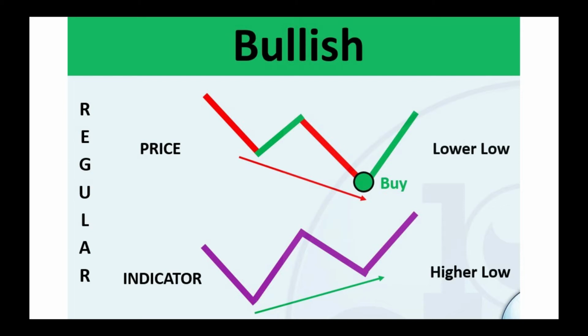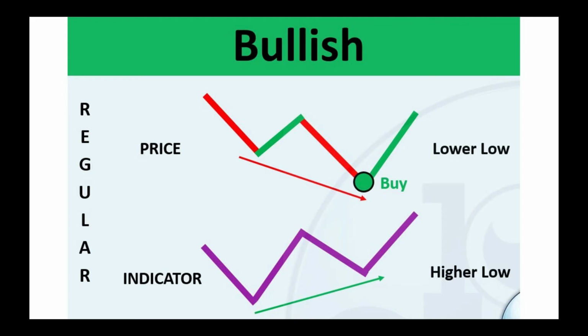So what is divergence? Divergence is a situation that we traders have very often, when the price of an asset is moving in the opposite direction of a technical indicator such as any oscillator. For example, relative strength index, stochastic, MACD, or any other oscillator indicator.